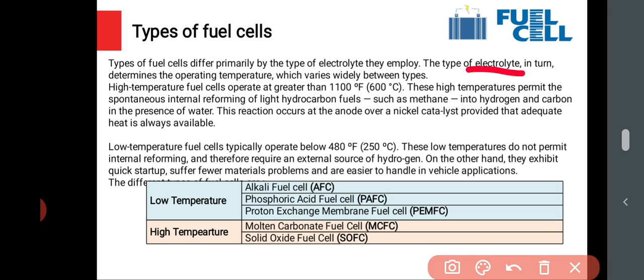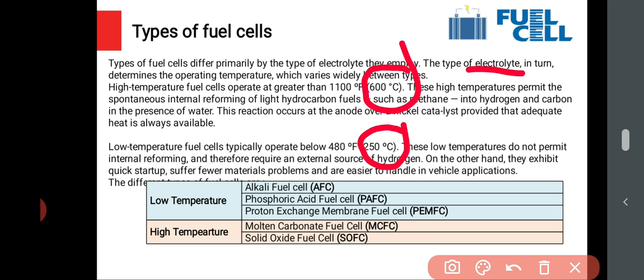Normally the high temperature fuel cells operate at around 600 degree centigrade, and the low temperature fuel cells are around 250 degree centigrade. So the broad classification is made based on this temperature of operation.